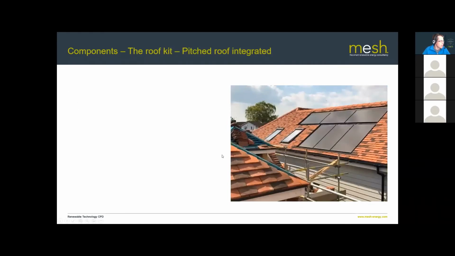Okay, so just to look at a couple more systems for integration. So this is a roof pitch integrated system. This system is where the panels sit relatively flush with the surface of the roof, and you can see they replace the roofing materials with the weathering system that sits behind the panels.